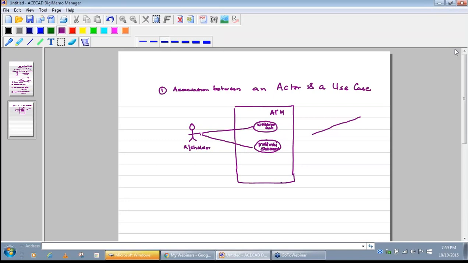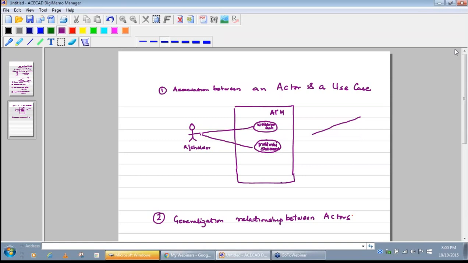The second relationship which I told was the generalization relationship between actors. Let us think of a situation where this ATM machine is also operated by a bank employee whom we call an administrator or ATM administrator.